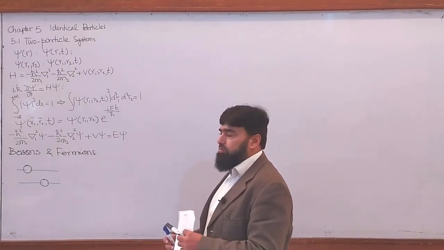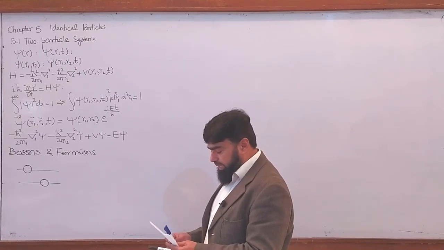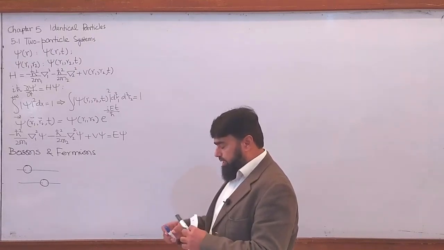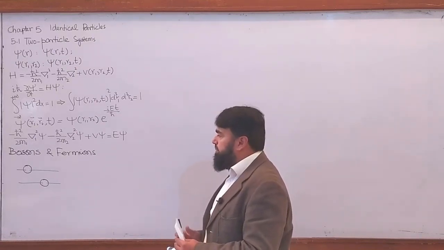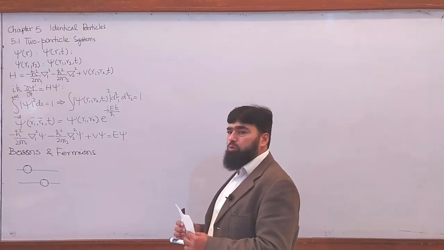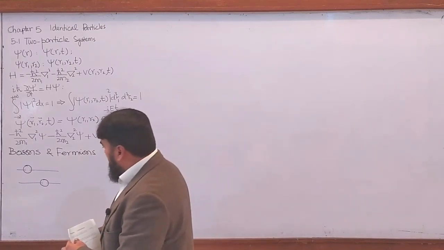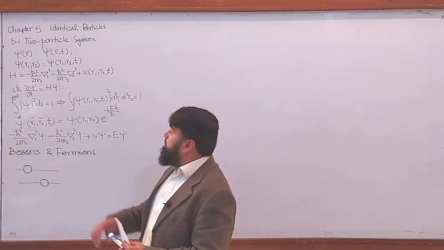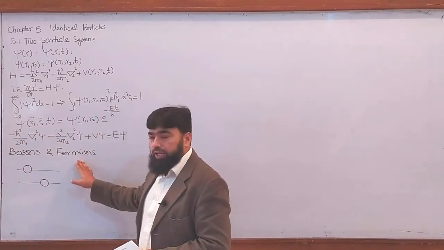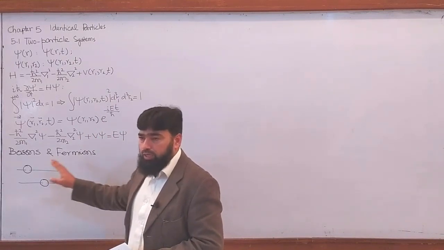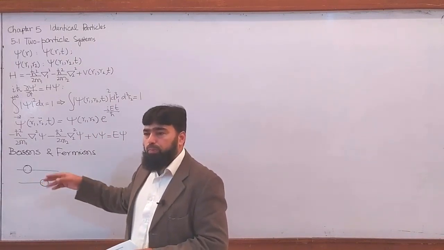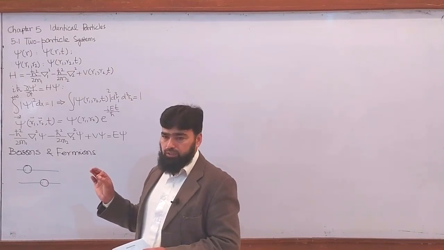They have some statistics associated with them, and we will start with some simple mathematics and then go to those statistics. So let's say, by particle I don't mean an electron or any boson now, I mean just a particle.